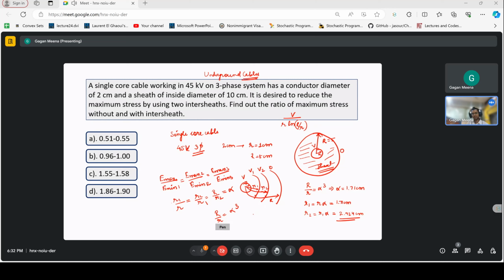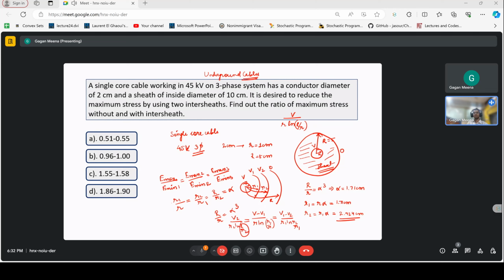Same thing is written here. So R1 by r is equals to R2 by R1 is equals to capital R by R2 is equals to alpha. From here we can find out alpha, although here it is not required, but it comes out to be 1.71 centimeter.